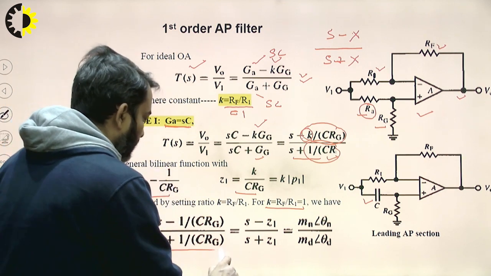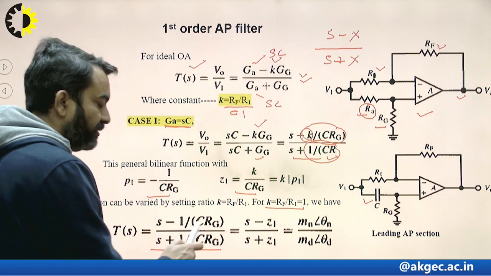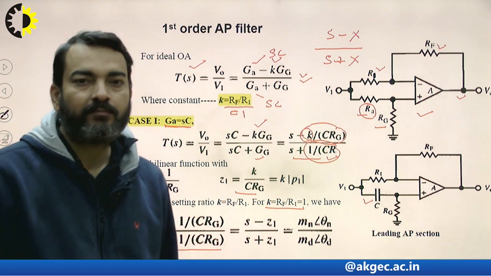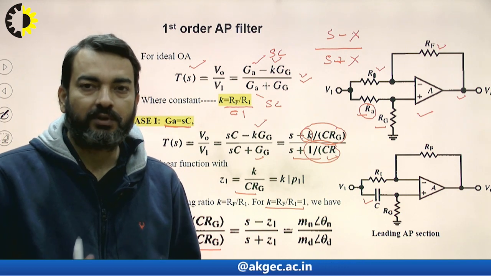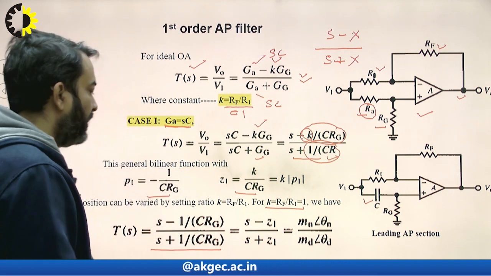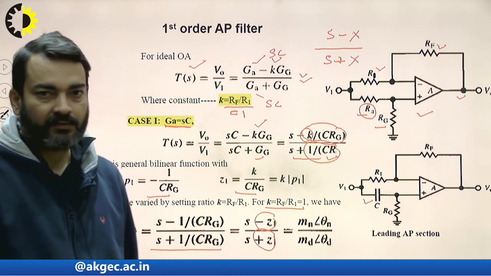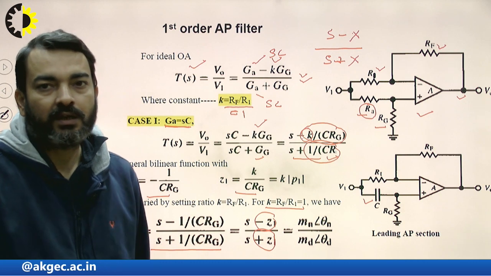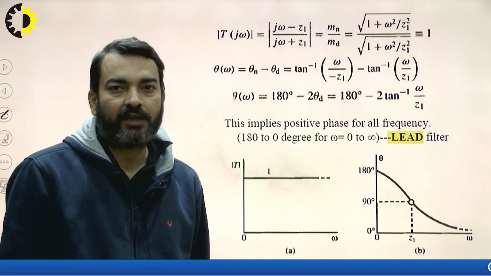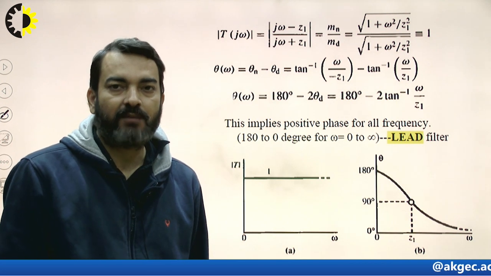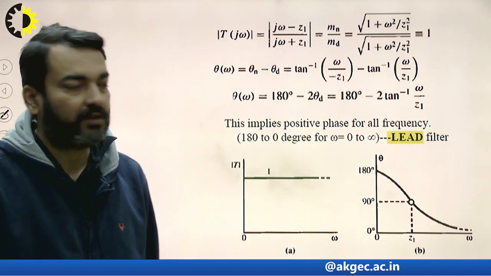So this is the transfer function of all pass, where both pole and zero have the same location or frequency and both are symmetrically located about the j omega axis. This is the characteristic of all pass. Now let us see the magnitude and the phase, and with the help of phase we will know whether it is a leading all pass or lagging all pass.